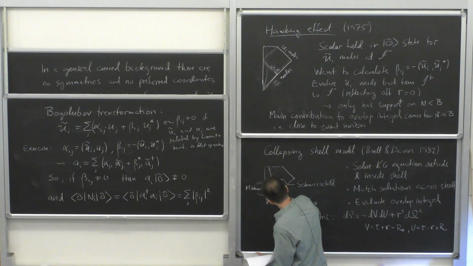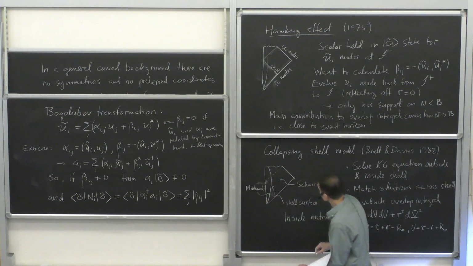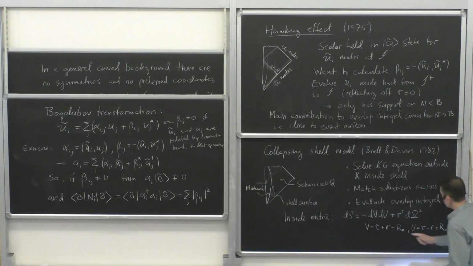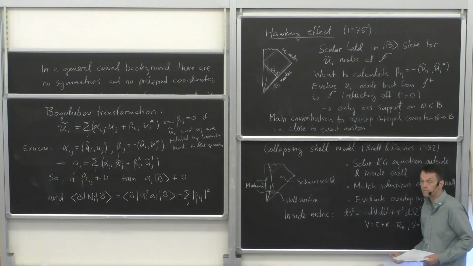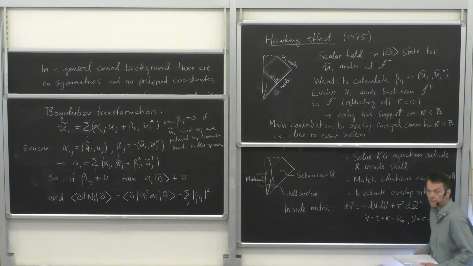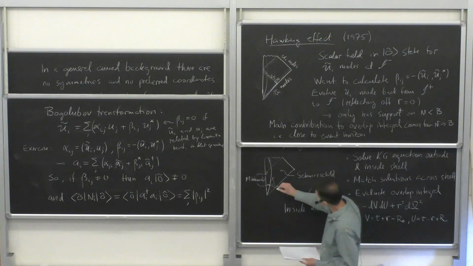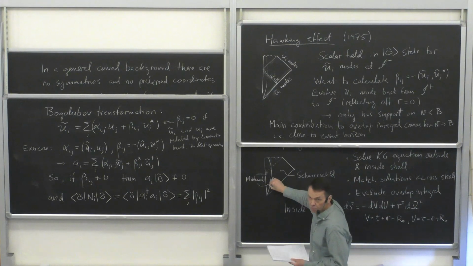Let me pick it to be here. That's something that I can do, right? R0 is a constant. R0 is just an arbitrary choice that I make. I've decided to ask where the shell is at this point.